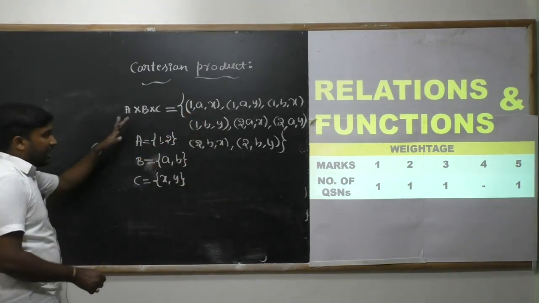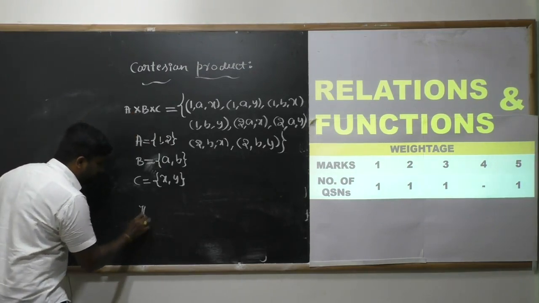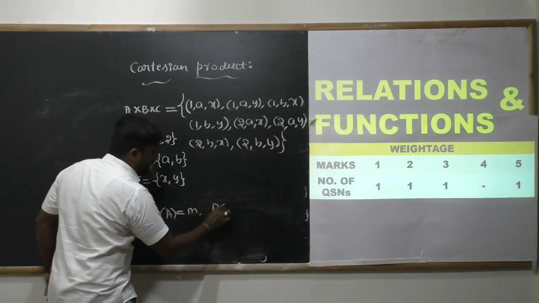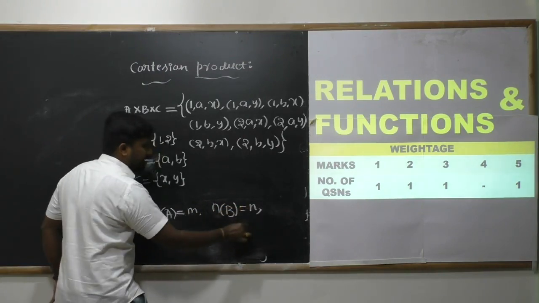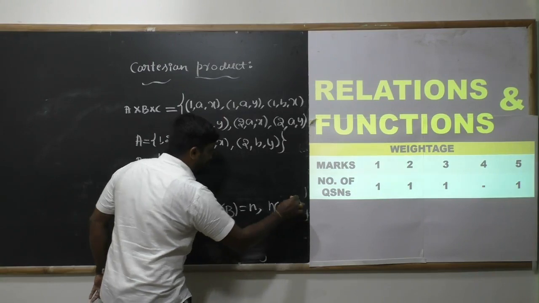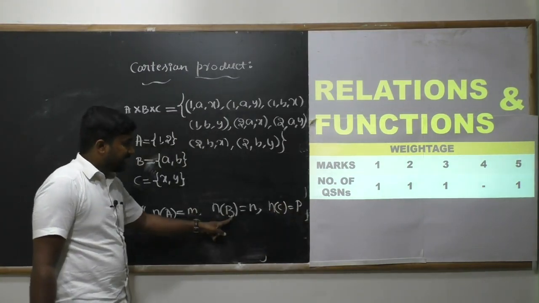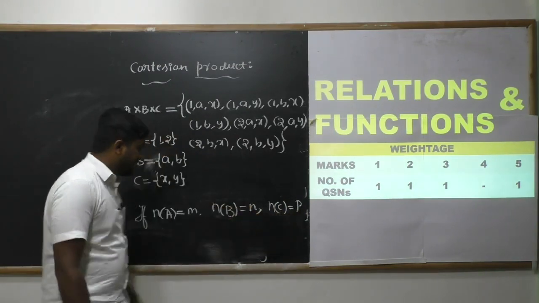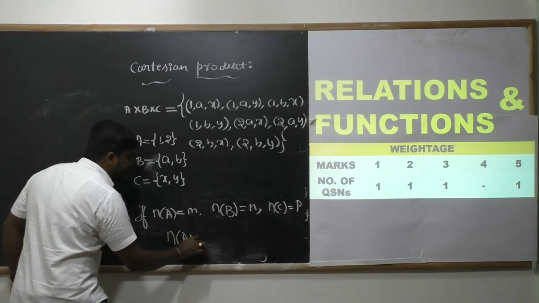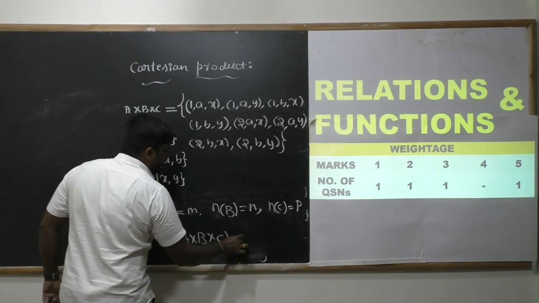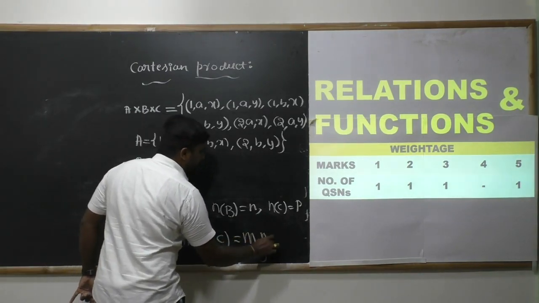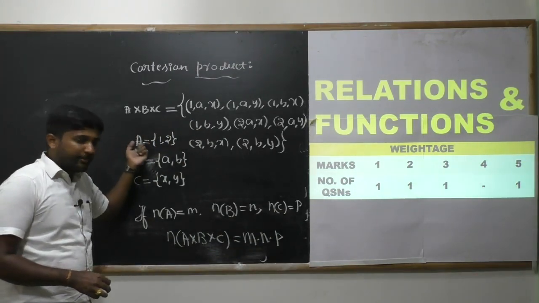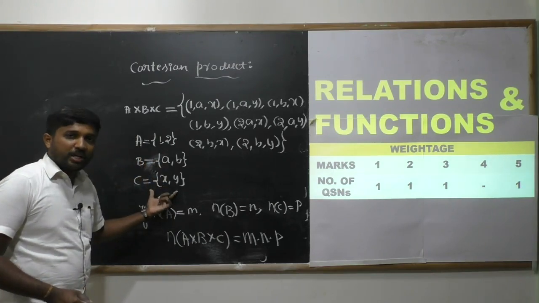Now one result about this cross product. If n of A is equal to M, n of B is equal to N, n of C is equal to P, that is, A contains M number of elements, set B contains N number of elements and C contains P number of elements, then the number of elements present in A cross B cross C is M into N into P. In this example, A contains 2 elements, set B contains 2 elements, C also contains 2 elements.